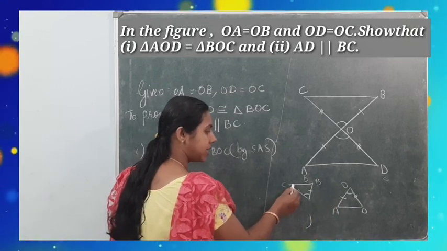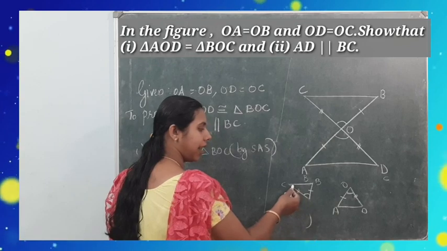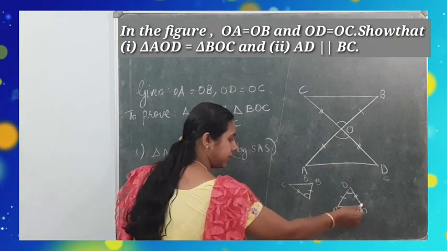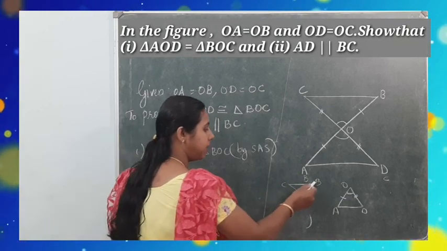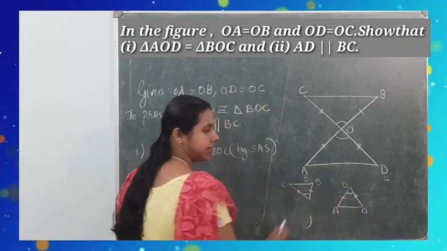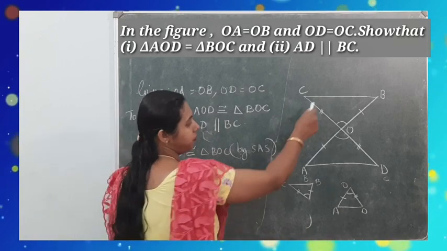Therefore, angle C is equal to angle D, angle A is equal to angle B, and side BC is equal to side AD. Observe this figure.